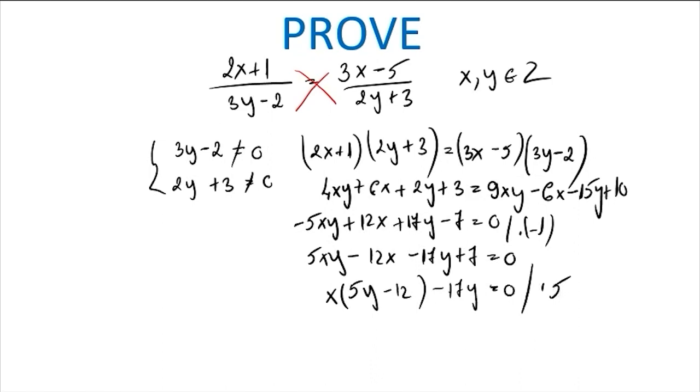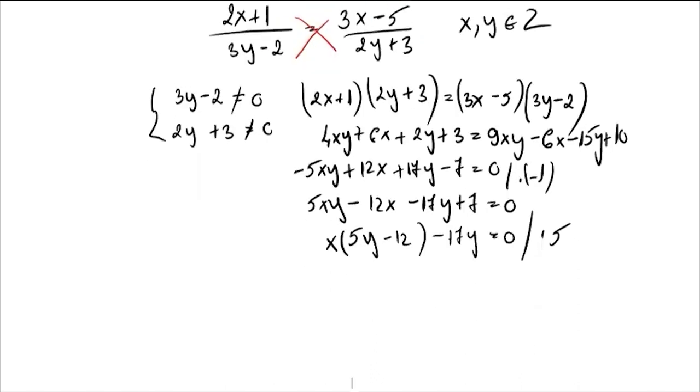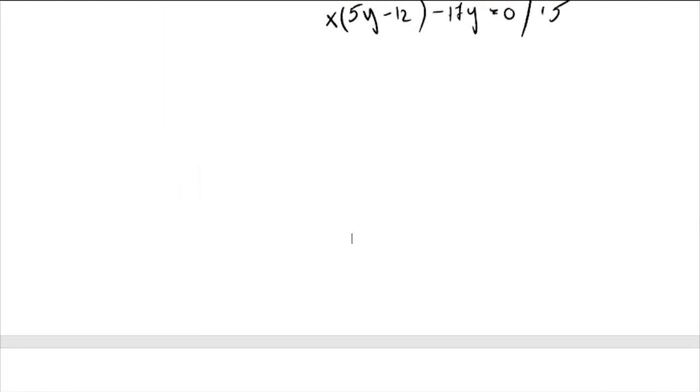I'm going to multiply this one with 5. And furthermore, I have 5x(5y − 12) − 85y equals 0.